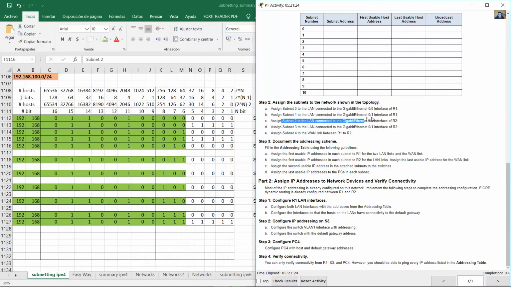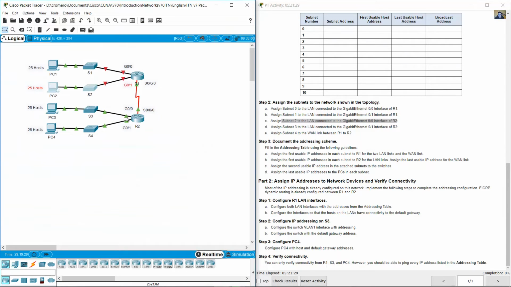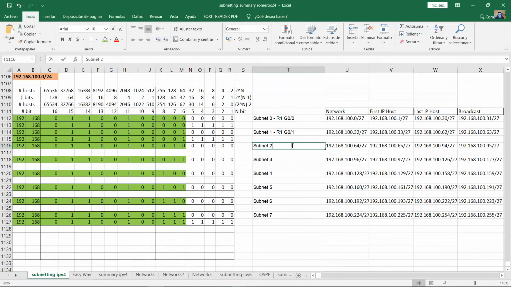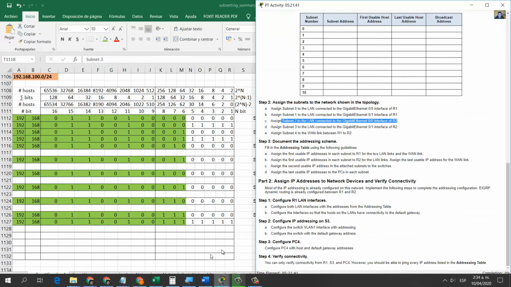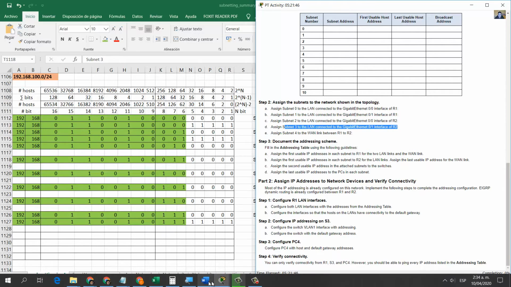Subnet 2, gigabit 0/0 R2. This. Gigabit 0/0 on R2. Subnet 3, gigabit 0/1 R2.